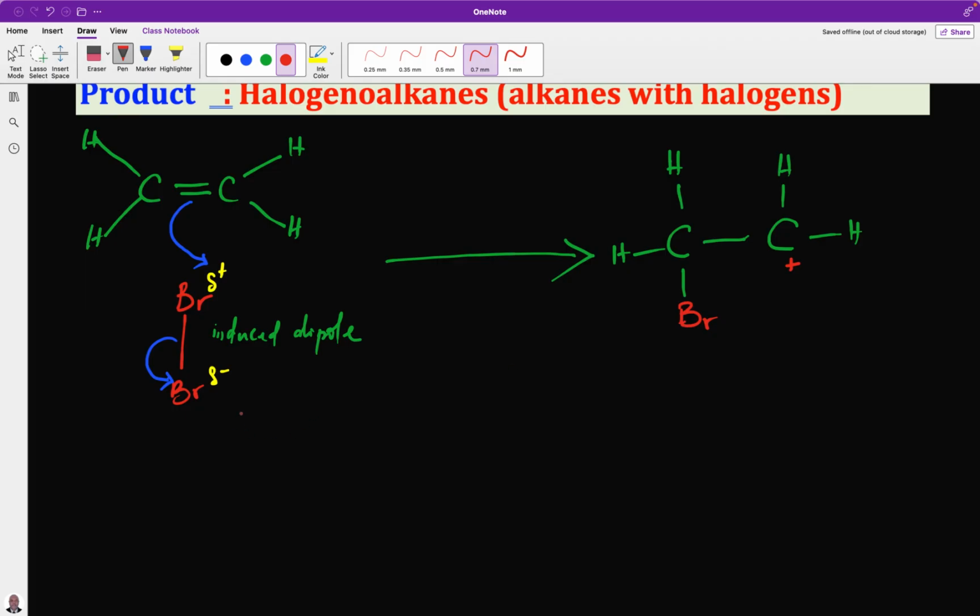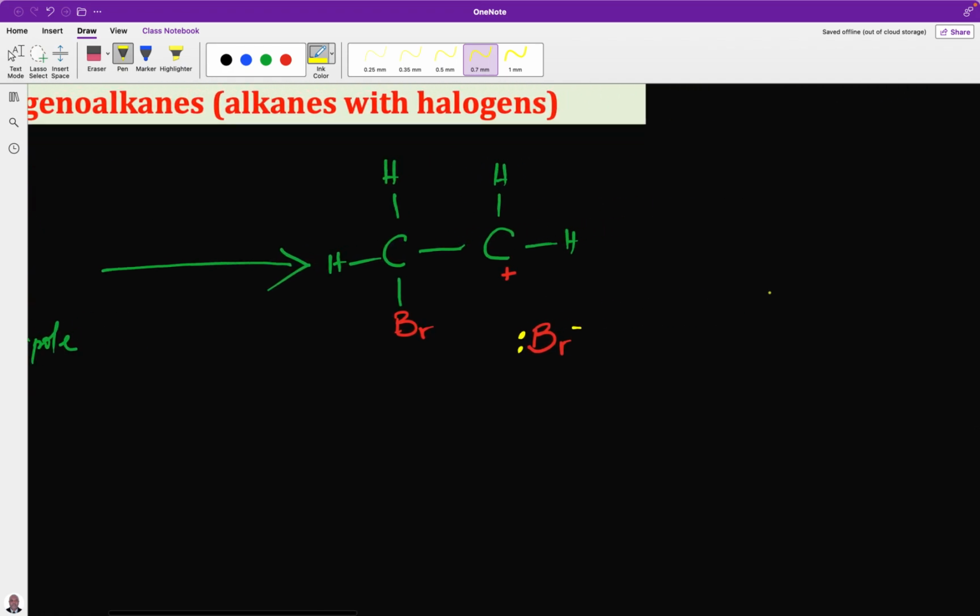Meanwhile, the bromide that goes with the double electrons will be formed here. This is an intermediate.